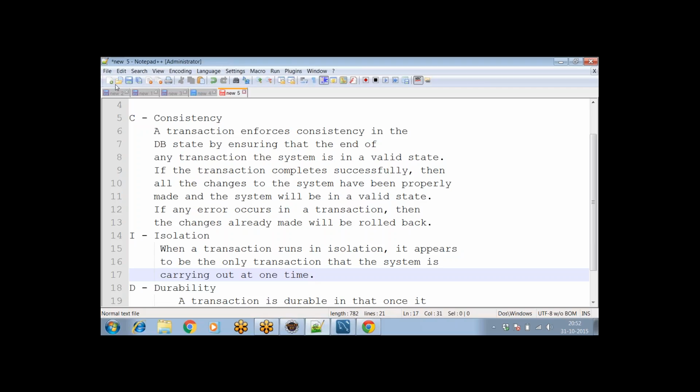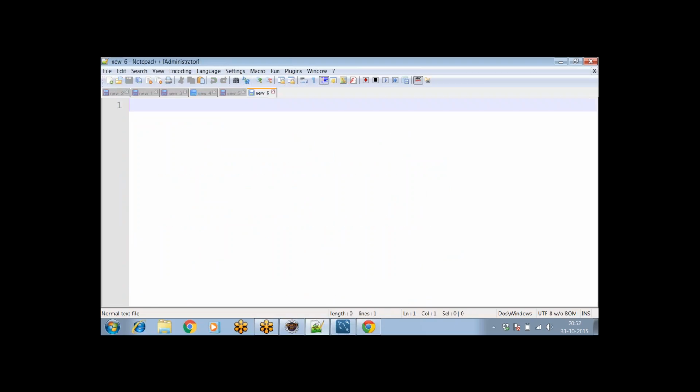If the transactions overlap, what kind of issues may you come across? Let's see. Basically, we call them isolation issues. If two transactions, by any chance, overlap with each other, then you'll end up having isolation issues.